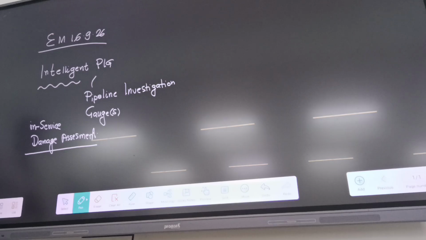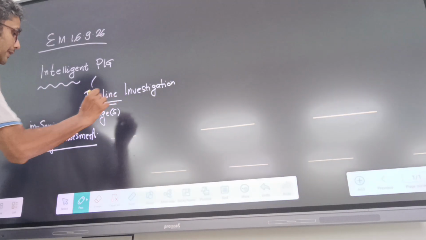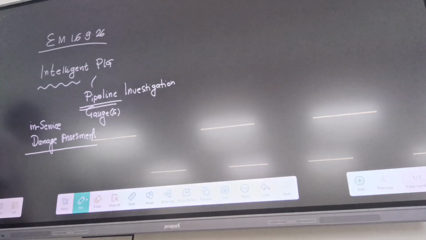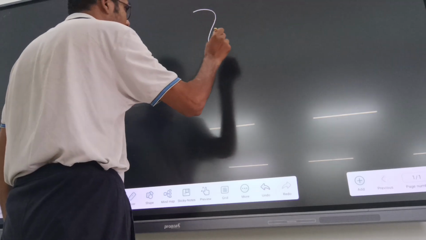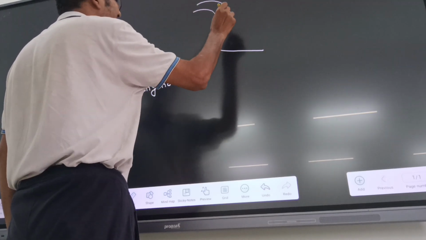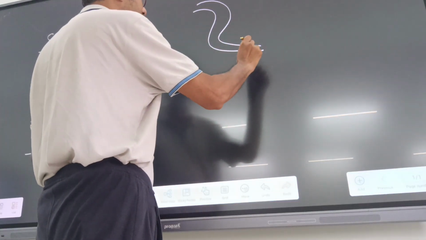Now what are these damages? First of all, what do you mean by a pipeline? Pipeline means a metal body having irregular shape.